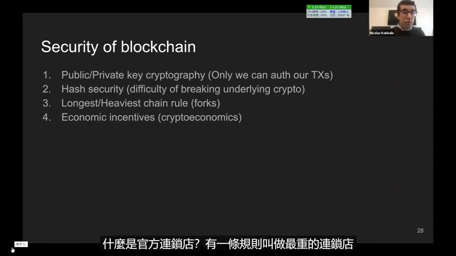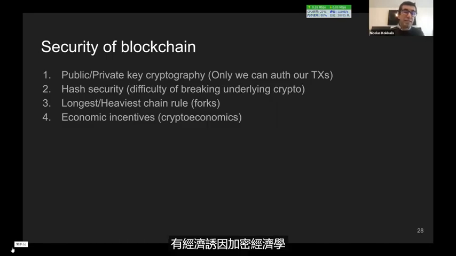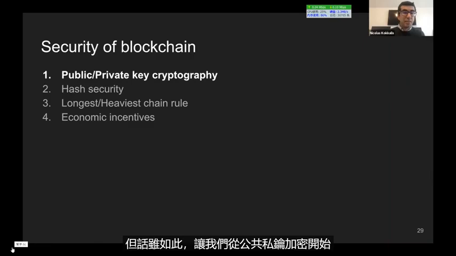There's a rule called the heaviest chain rule that takes care of forks. And finally, if all this fails, there are economic incentives, crypto economics, they call them, that help strengthen the security of blockchain. People have interests to actually not break stuff. But having said this, let's begin with public-private key cryptography.